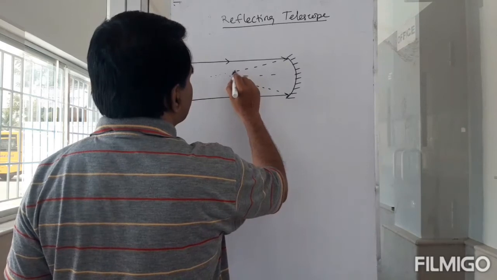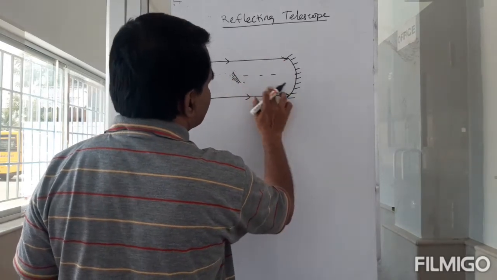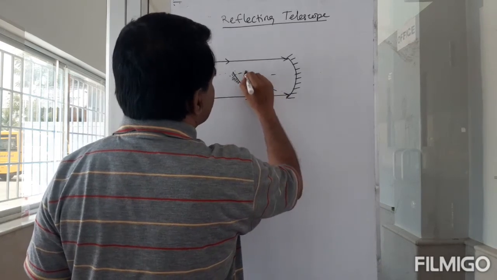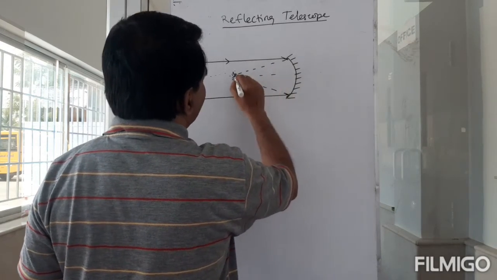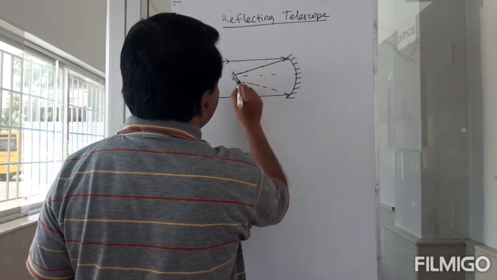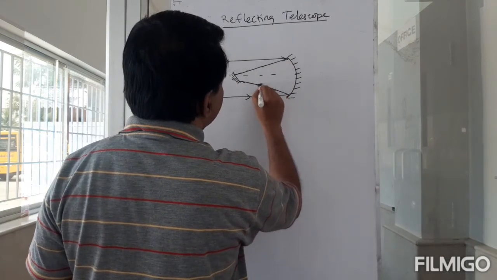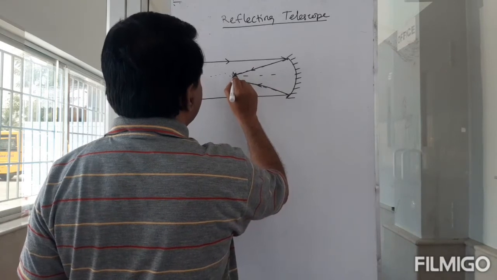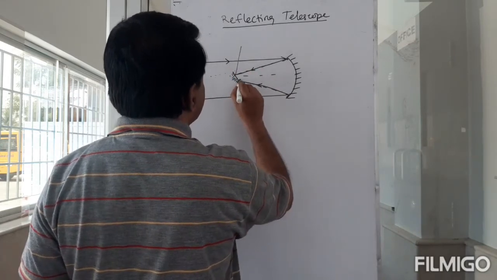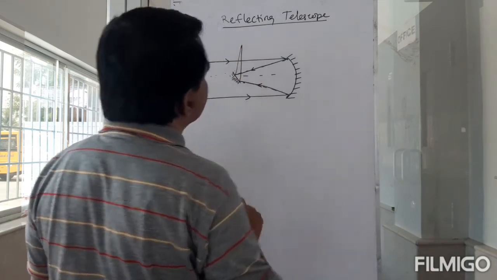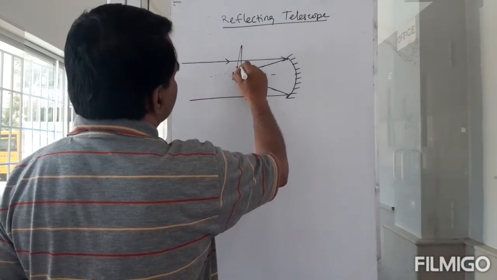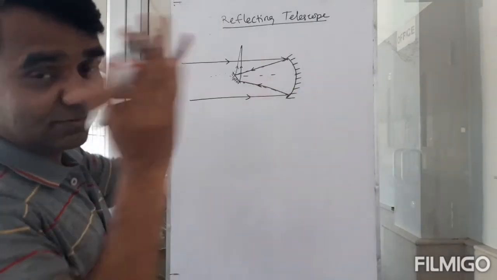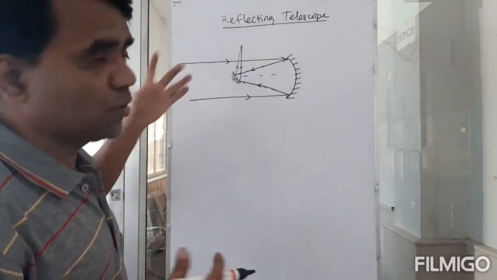So now the rays that fall here, I'll have a convenient angle. The rays that fall here will now get reflected off of this in this way. But then this is blocking. The cylinder of the telescope will be blocking.